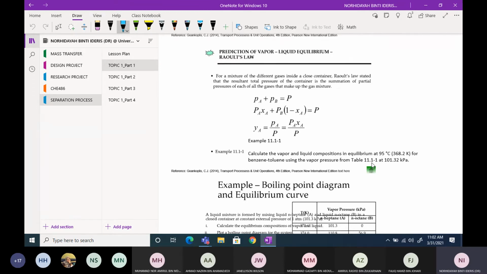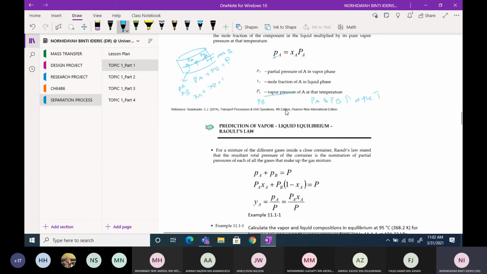The title of the table is Vapor Pressure and Equilibrium Mole Fraction Data for the Benzene Toluene System. As the temperature increases, if you refer to this table, I'm sorry, I don't have the table with me right now to show you, but if you refer to the book, as the temperature increases, you can see that the values of pA* and pB* increase, right?